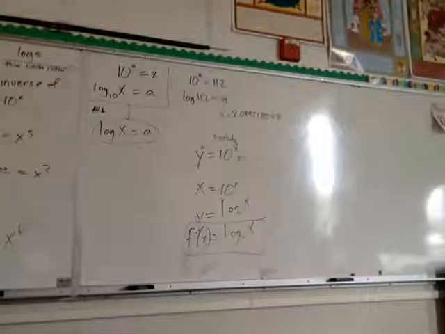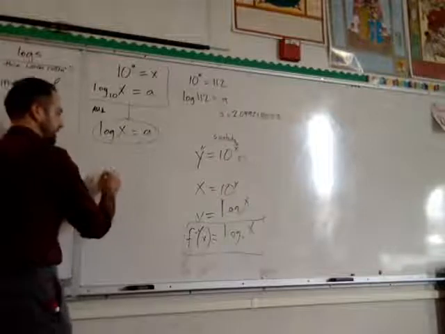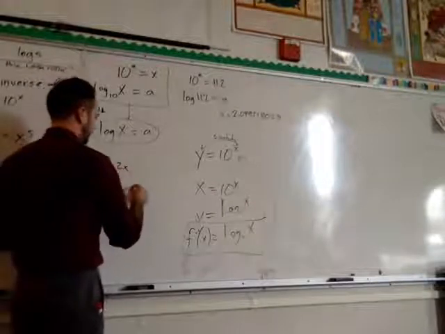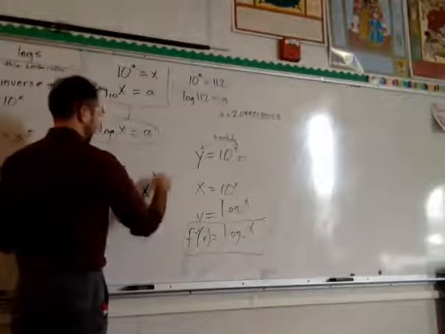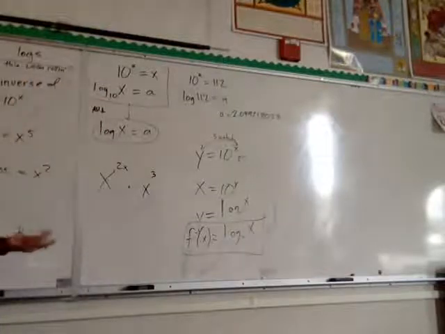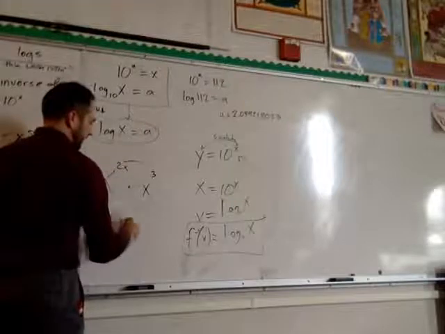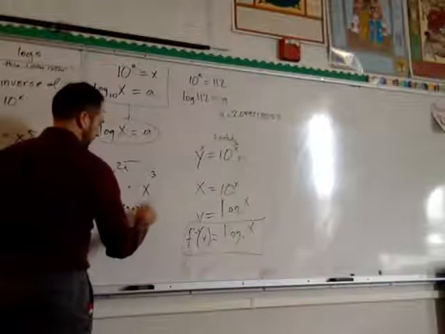So tomorrow we're going to play a little bit more with the exponent rules and how they work with logs exactly the same way. But did you guys feel pretty comfortable with the exponents? Like if I say this, times x to the third power. We multiply them, so what do we do with our exponents? Add them. So this would just be x to the 2x plus 3, right?